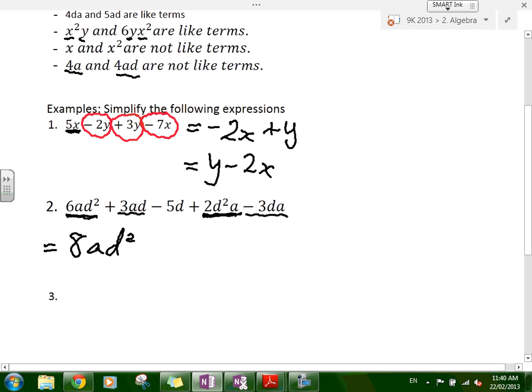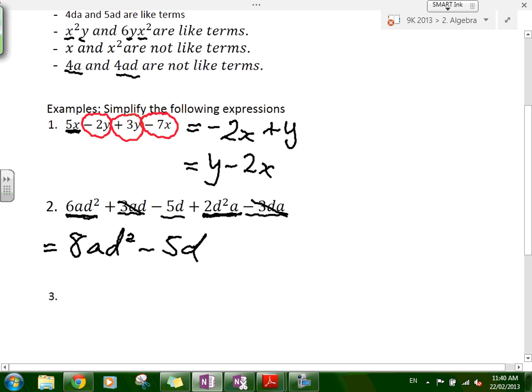If you subtract the same thing from itself, what do you get? A number subtracted from itself is 0. Yeah, that's right. So it's 0. These two actually cancel out. And then we're left with minus 5d on its own, which we just write as minus 5d.